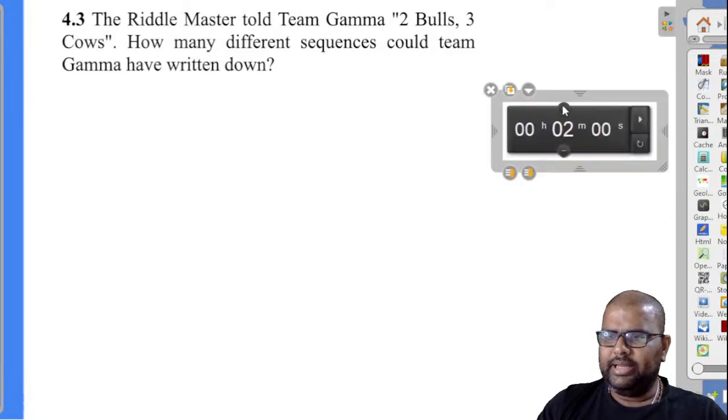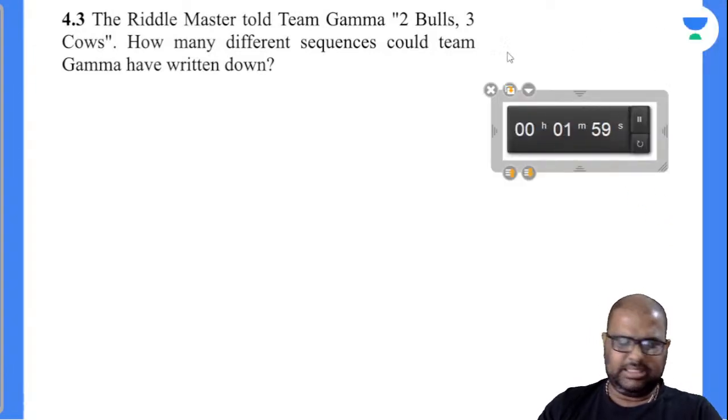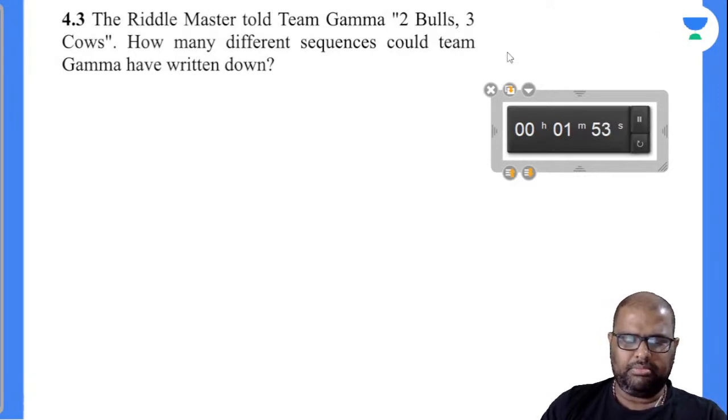So 2 minutes again. Waiting for the answers there. Shubham, Ankur, Aniket, Saurajit, Kavesh, Ansi, Tanya.